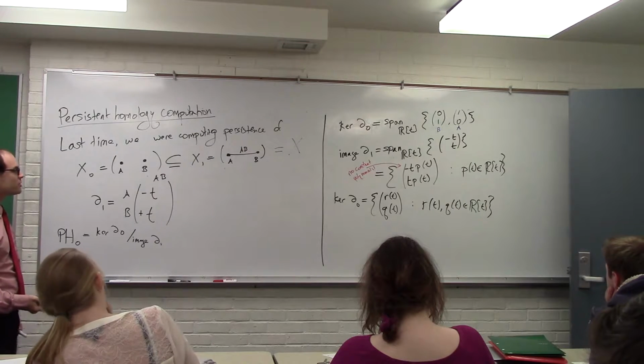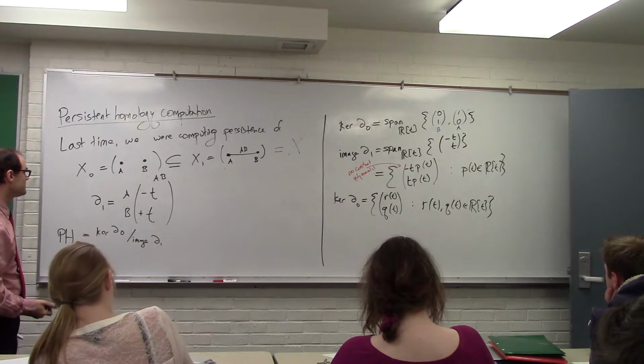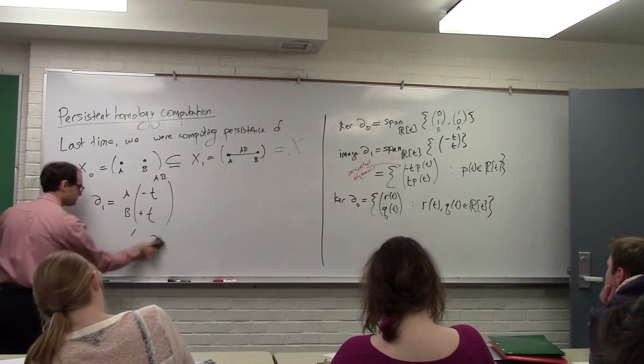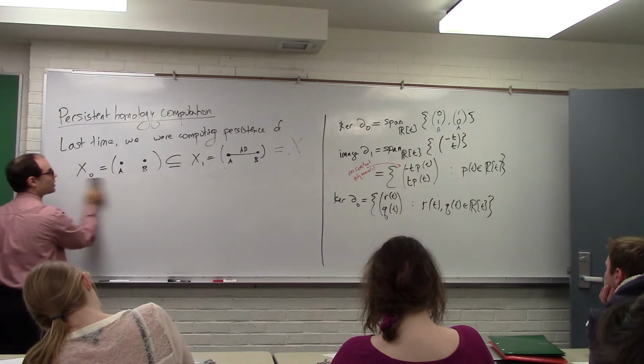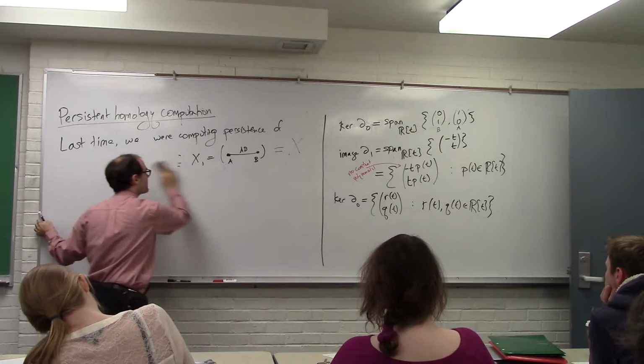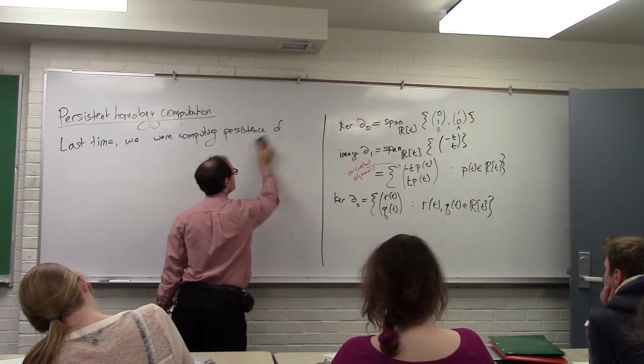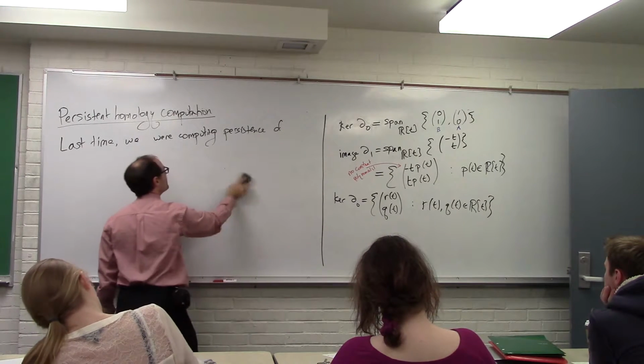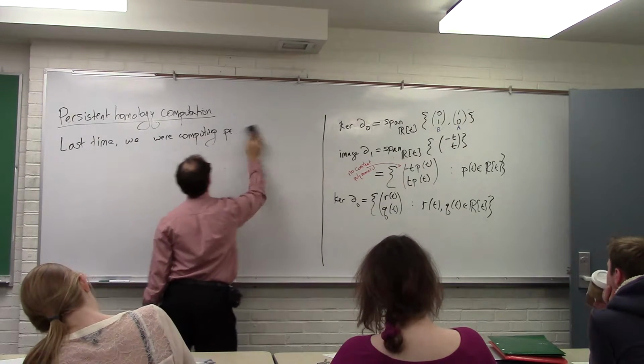Now I'm going to look at a particular coset. I'm going to take the kernel guy and add on all the possible images: take one kernel representative, add on all the possible images.